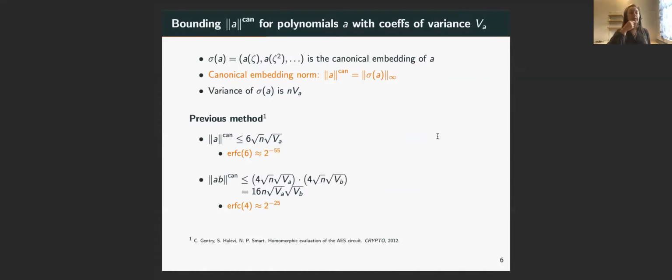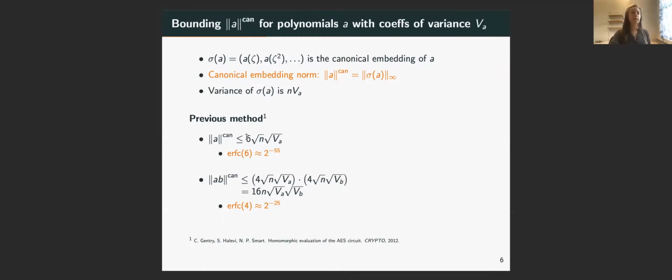And now the previous method was to bound a polynomial as 6 times square root of n times square root of the variance, where n is the dimension of your ring, meaning the dimension of your LWE instance.